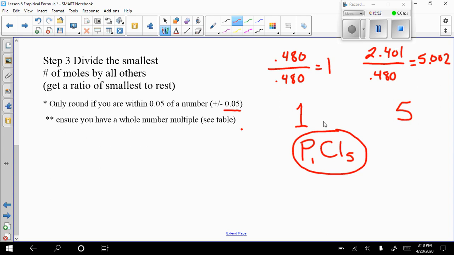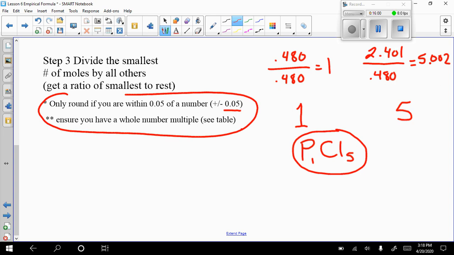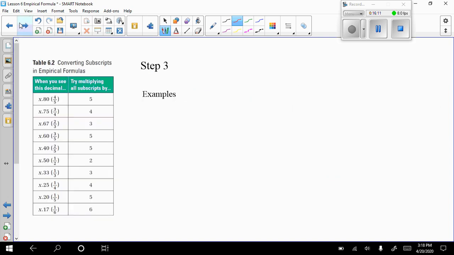Now, I just wanted to revisit these last two points with an example of where you may have to do something extra in step 3. You may not be within 0.05 of a whole number. Let's look at this. I've given you this table that your textbook gives you.